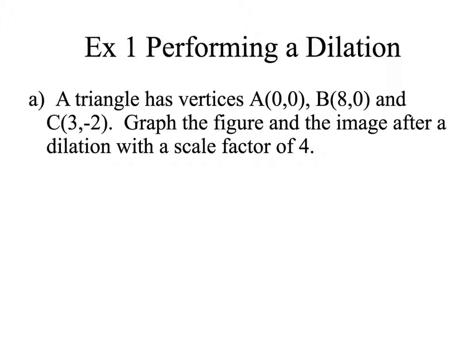So with a dilation, we don't have a formula, but we're told a scale factor. And that scale factor is how much the shape is changing. A scale factor greater than 1 is going to enlarge the shape, make it bigger.